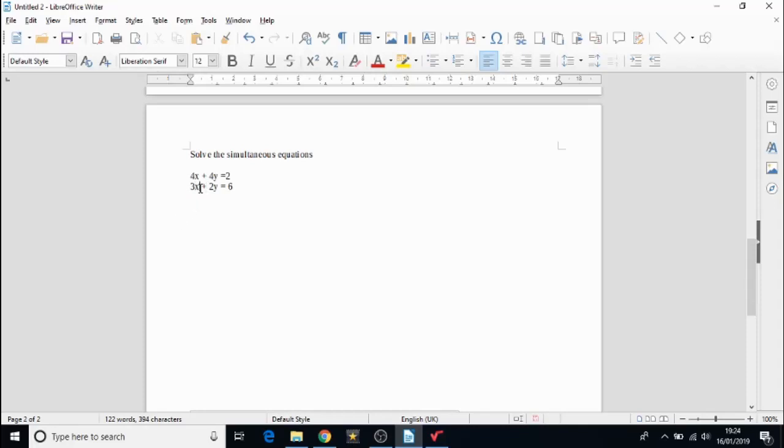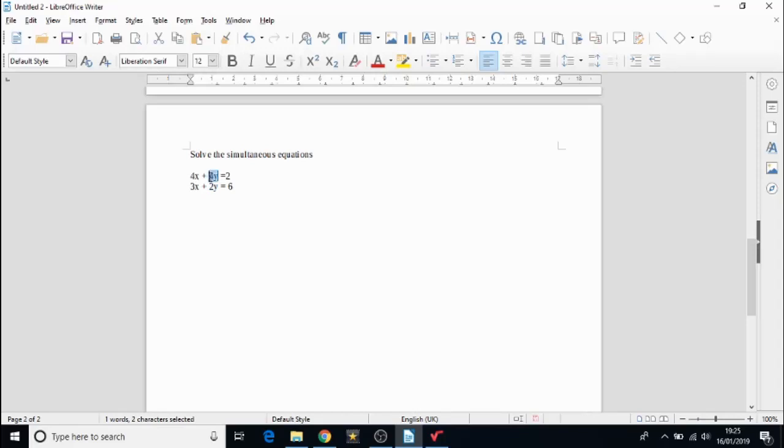So you wouldn't bother making the 3x the same as 4, and you wouldn't make the 4x the same as the 3x. Let's move on to the second unknown variable, 4y and 2y. You can already see they are factors. So the 2 goes into both the 2y and the 4y.